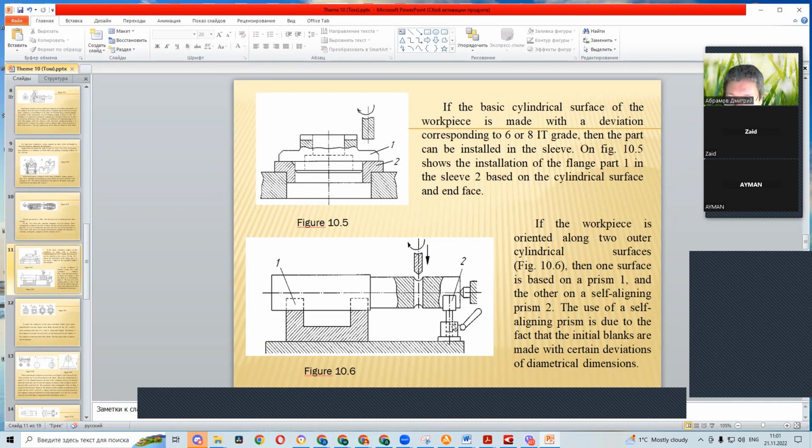The use of self-aligning prism is due to the fact that the initial blanks or workpieces are made with certain deviations of geometrical dimensions.